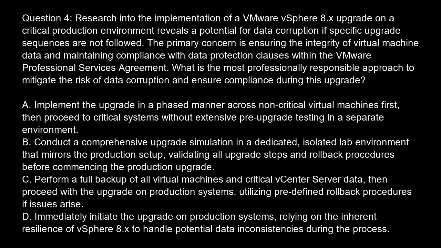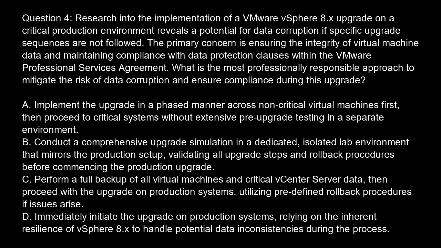Implement the upgrade in a phased manner across non-critical virtual machines first, then proceed to critical systems without extensive pre-upgrade testing in a separate environment. Option B. Conduct a comprehensive upgrade simulation in a dedicated, isolated lab environment that mirrors the production setup, validating all upgrade steps and rollback procedures before commencing the production upgrade.